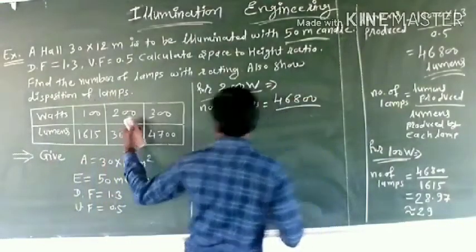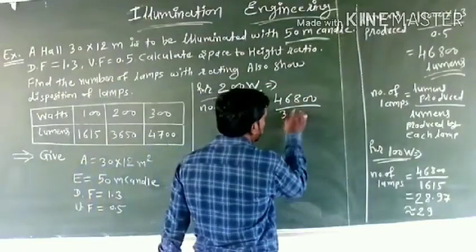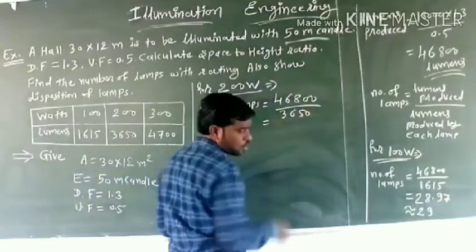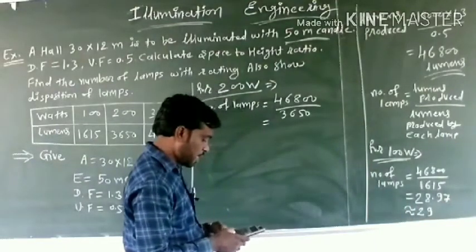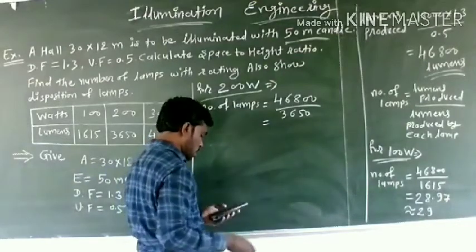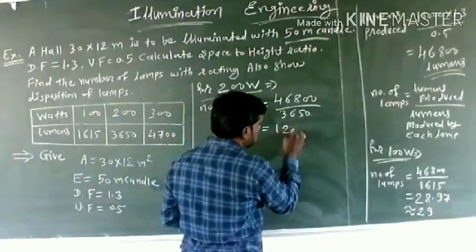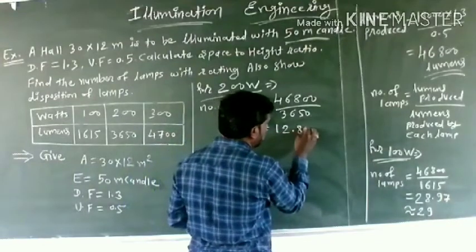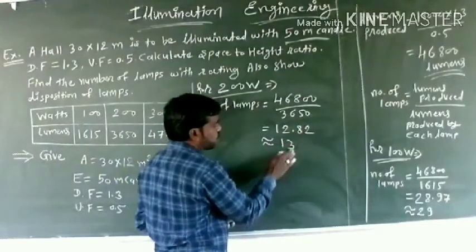Here for 200 watt lamp, the lumen produced is 3650. So 46,800 divided by 3650 comes out to be 12.82, approximately 13.